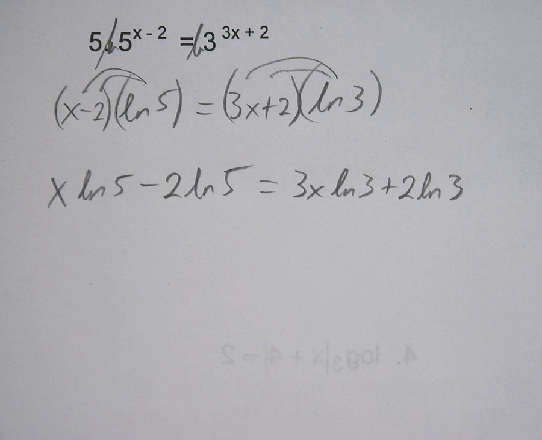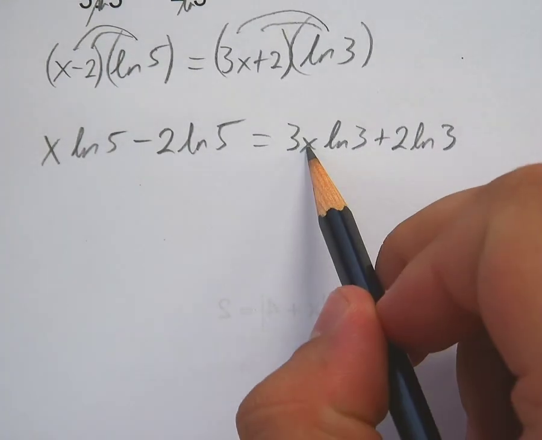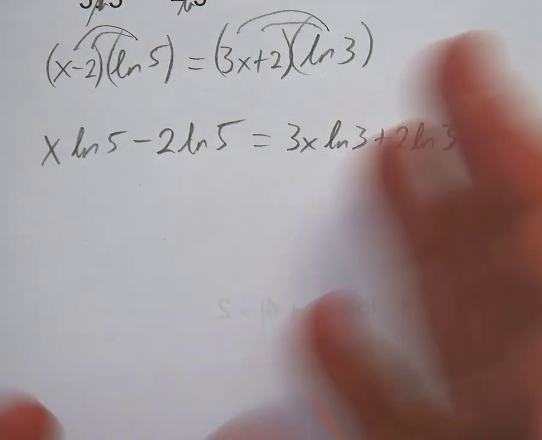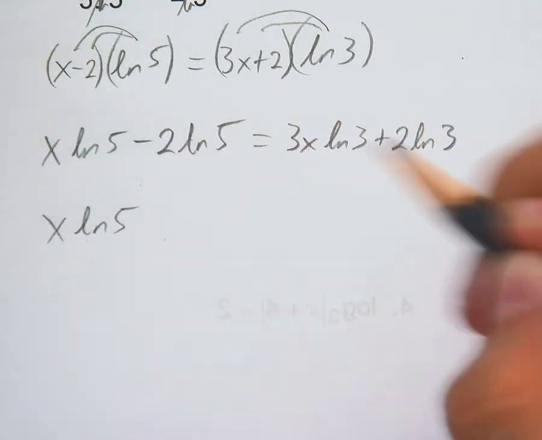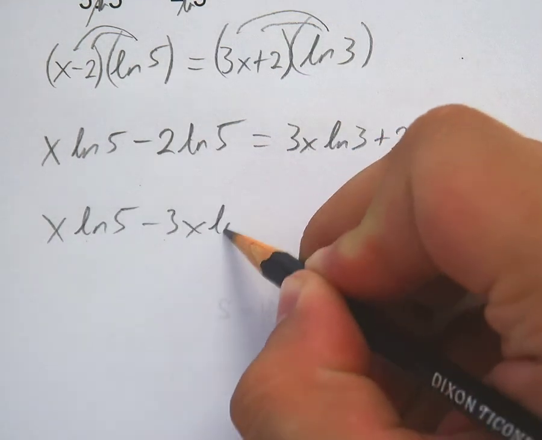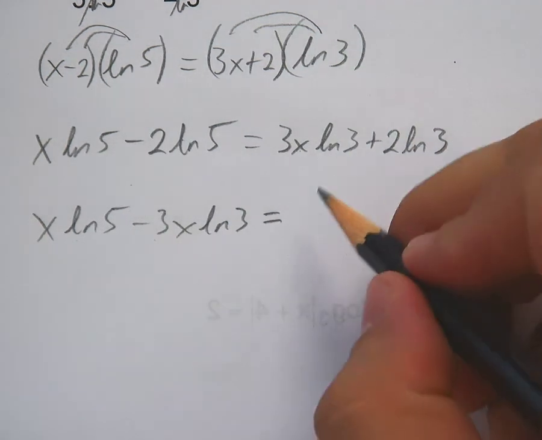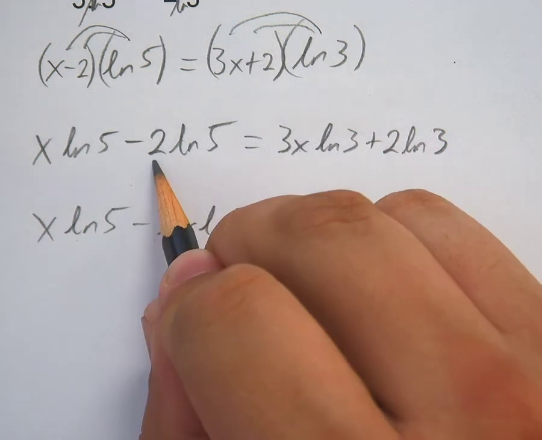All right. Now, you may ask, well, what does that do for me? Well, what I can do now is get this 3x over here, and get this 2 ln 5 away from that. In other words, get all your x values to one side, x ln 5 minus 3x ln 3, and get everything else to the other side. So that'll be 2 ln 3 plus 2 ln 5.